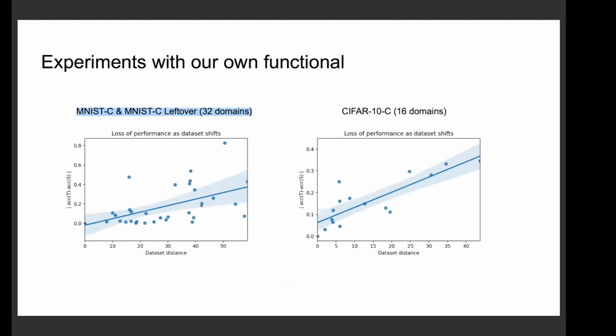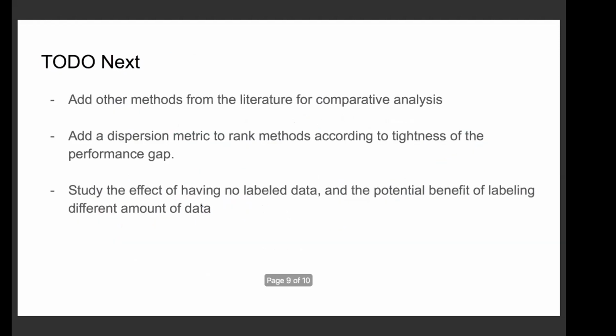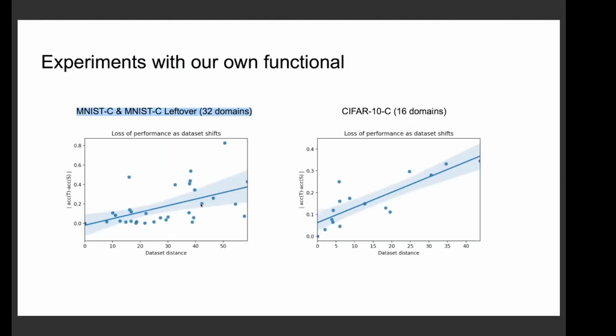So that is what we want to do, and the goal would be for the practitioner, with his trained model, deploying it to a new data set, to estimate the accuracy gap he might have, with uncertainties.